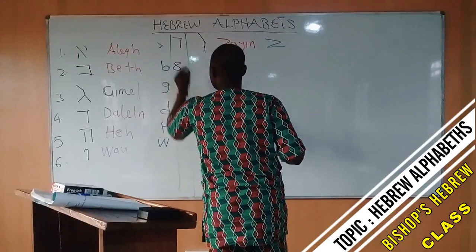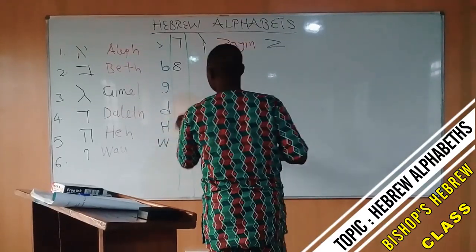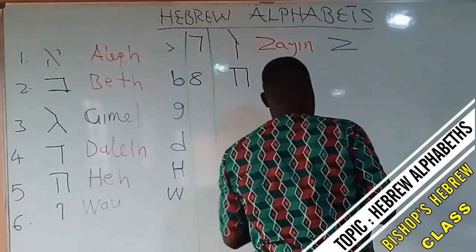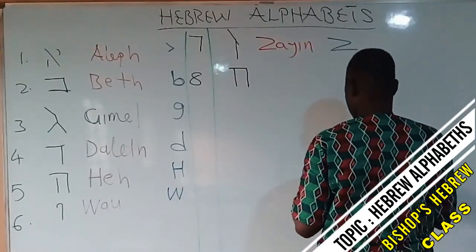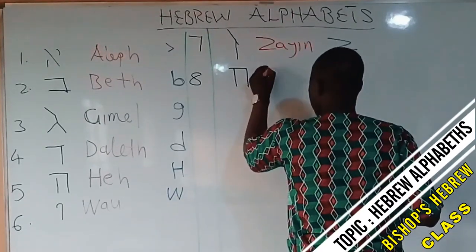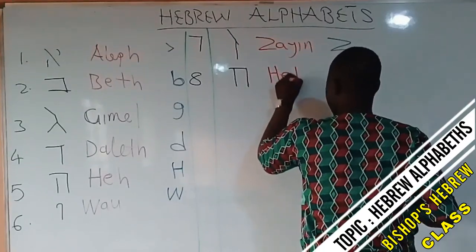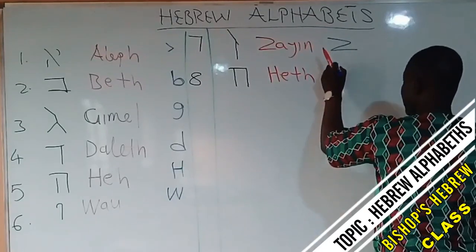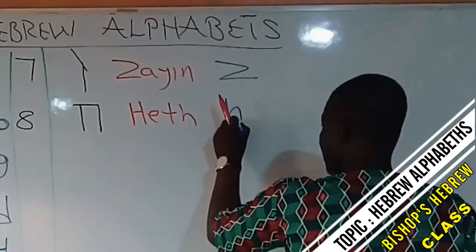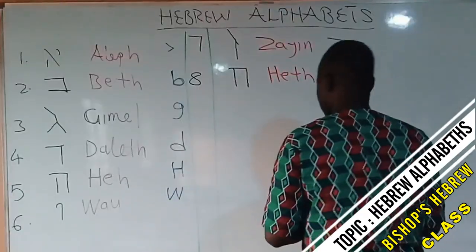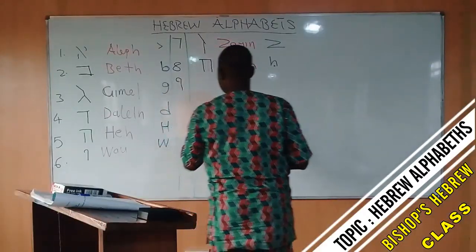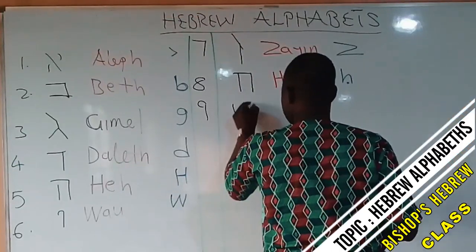Eighth letter is Het, an H with a dot under. The next one is Tet.